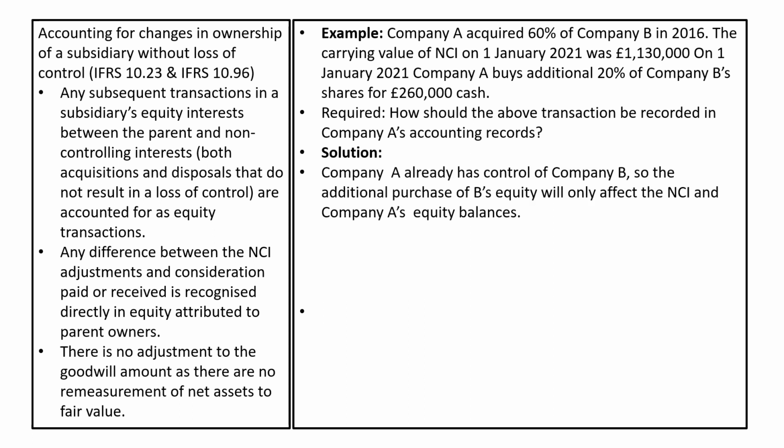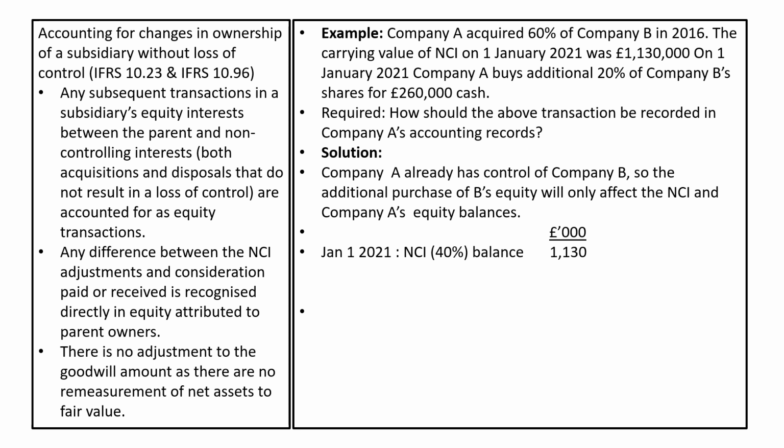Well, the solution: first, Company A already has control of Company B, so the additional purchase of B's equity will only affect the non-controlling interest and Company A's equity balances. Start off with the balance on 1st of January 2021.